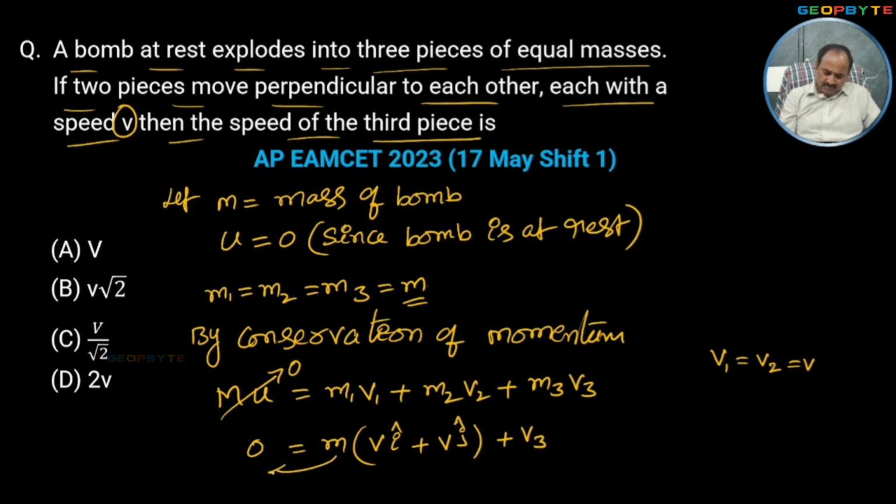You bring the M to the other side, that is becoming 0. Finally here V3 equals minus V i cap minus V j cap. Let us take another slide. V3 equals V i cap with the negative sign, minus V j cap. Okay.